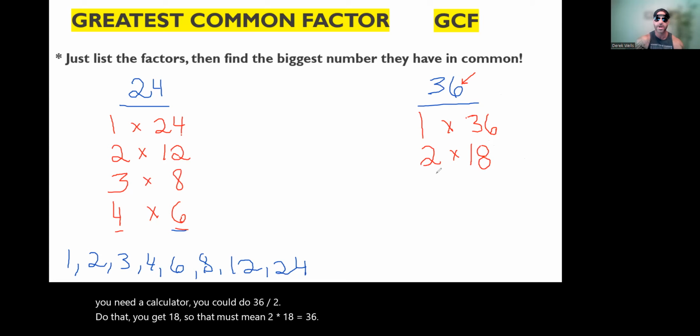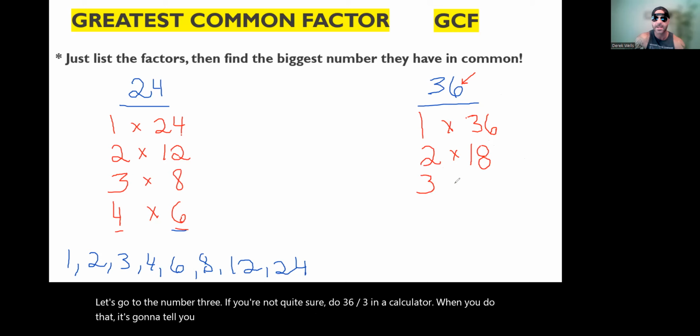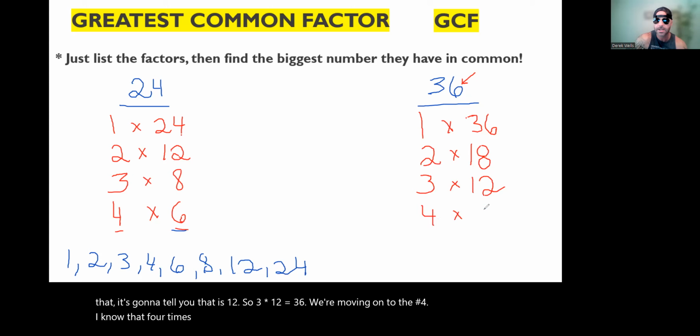Let's go to the number 3. If you're not quite sure, do 36 divided by 3 in a calculator. When you do that, it's going to tell you that is 12. So 3 times 12 equals 36. We're moving on to the number 4. I know that 4 times 9 equals 36.